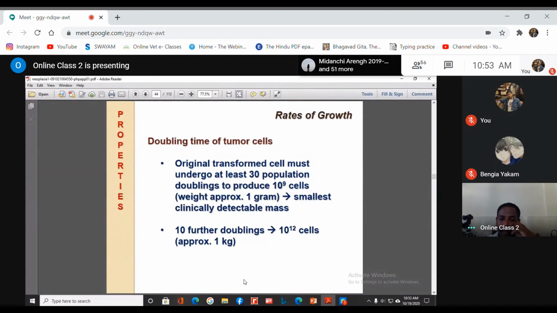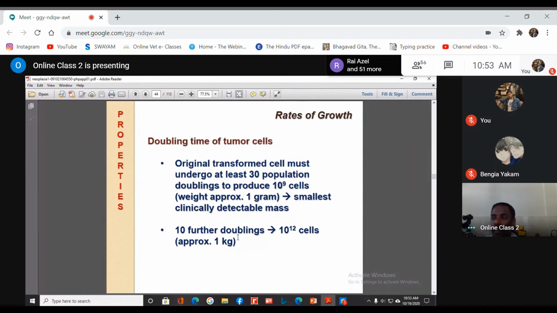But within 10 further doublings, the tumor becomes 1 kilogram in size, by the time it becomes 10 to the power of 12 cells. Why is that important?